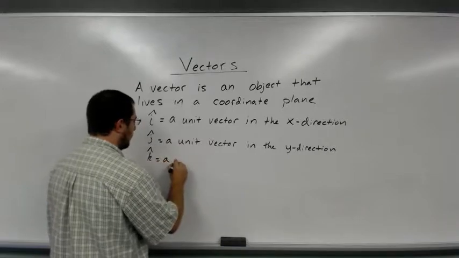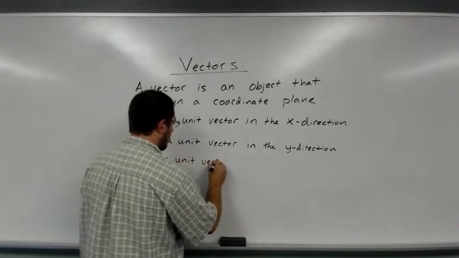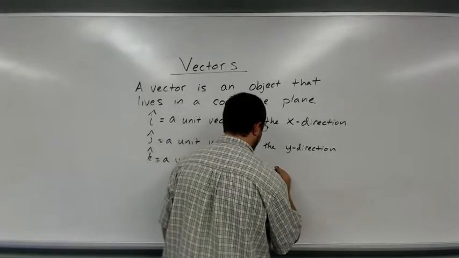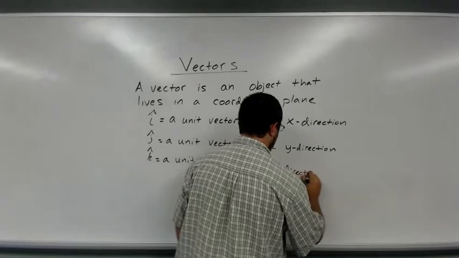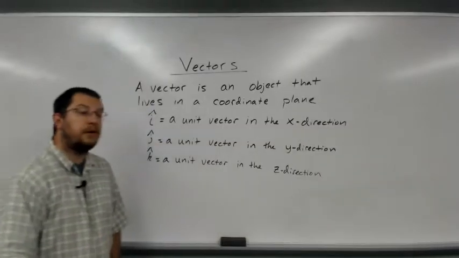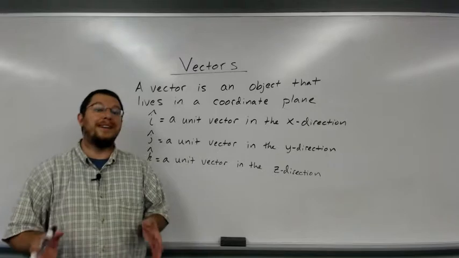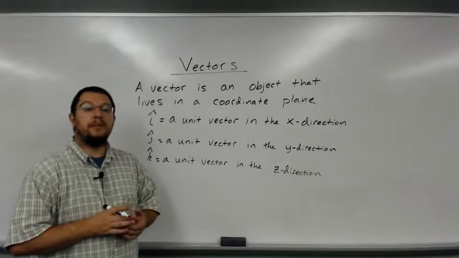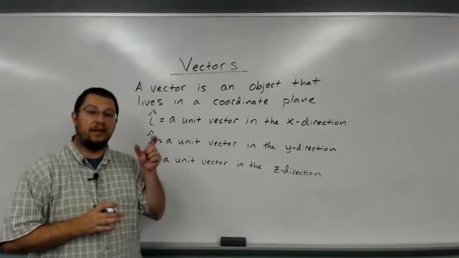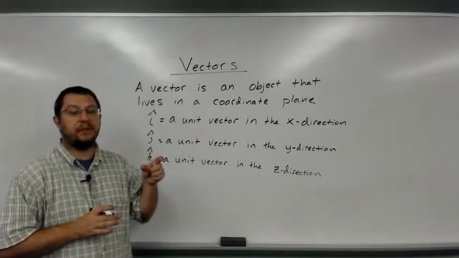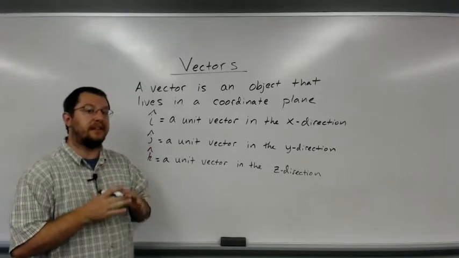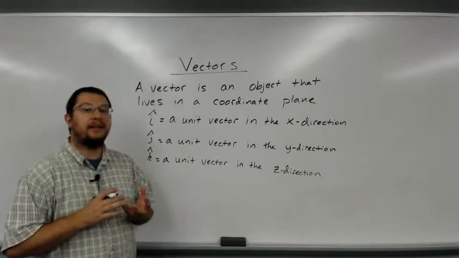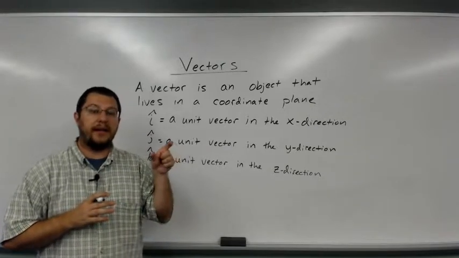And k hat is a unit vector in the z direction. Now, what is a unit vector? Okay, a unit vector is simply a vector with a length of 1. Okay, it's a vector with a length of 1 in that specified direction. So i hat, okay, simply means a length of 1 in the x direction.